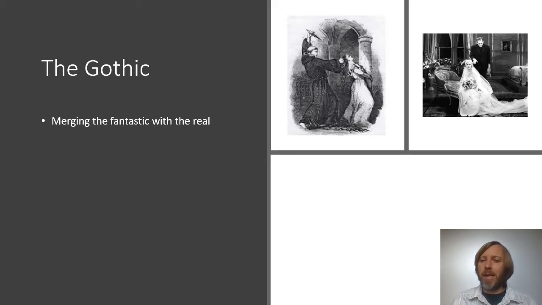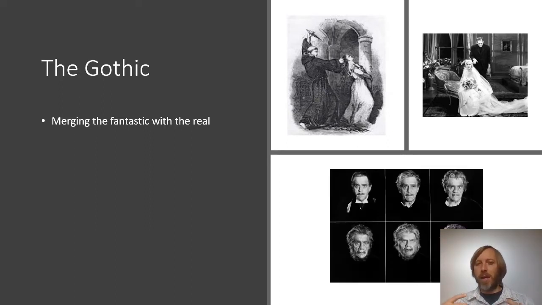We don't really like him all that much because he has his own troubles, and that is connected with the monster, until later on in the second wave we get a story like Jekyll and Hyde, in which the Gothic hero and the Gothic villain are indistinguishable because they are all the same person, and it's basically just a psychological difference between these. So that's the long-term development, but it starts with this merging of the fantastic with the real.